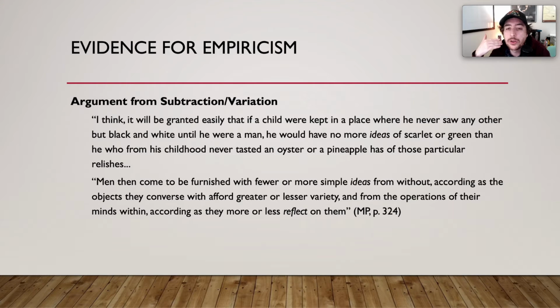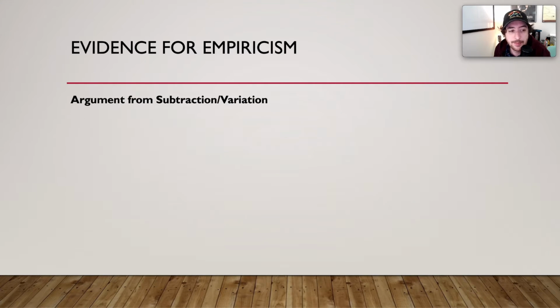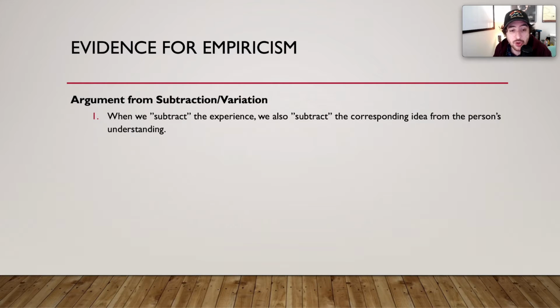The more I reflect on and attend to my own mind, the more ideas I have about the mind itself: about the beliefs I have, the knowledge I have, the doubts I have. The more I introspect, the more ideas I have about my own mind. But the less reflective person, who doesn't take time to think about their own mind, is going to have fewer ideas of those. And so when we subtract the experience, we also subtract the corresponding idea from the person's understanding.